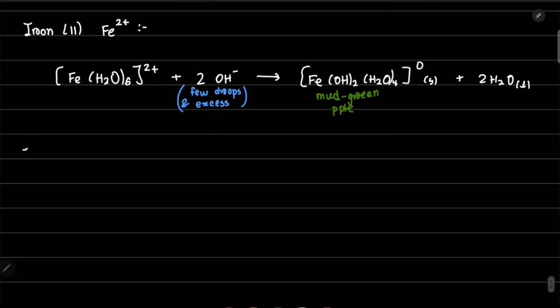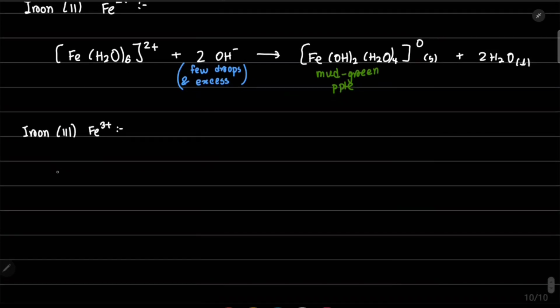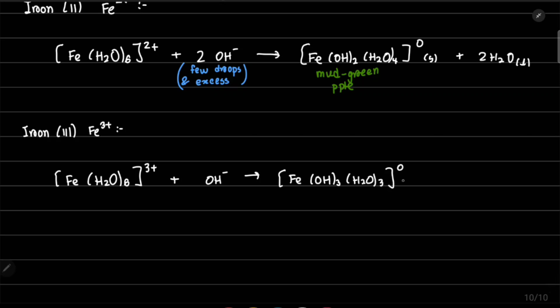Now up next we learn about iron 3, Fe3+. Its complex is Fe(H2O)6 3+. This reacts with OH minus to give us Fe(OH)3(H2O)3 solid and 3 moles of water.